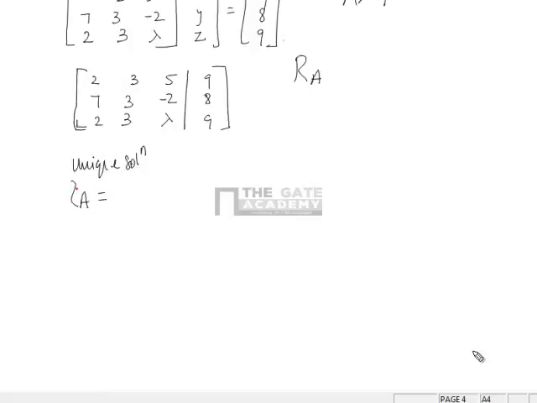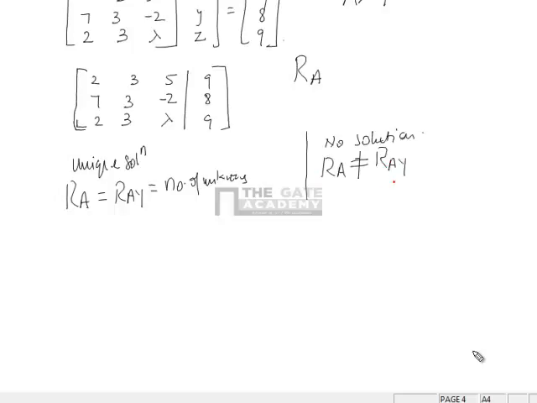Rank of A is equal to rank of [A|Y], and this is equal to the number of unknowns. Correct? No solution means what? Rank of A is not equal to rank of [A|Y]. Correct? Yes or no? Then what will happen here?